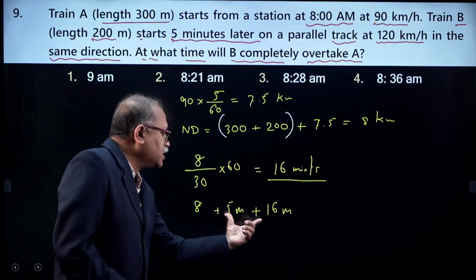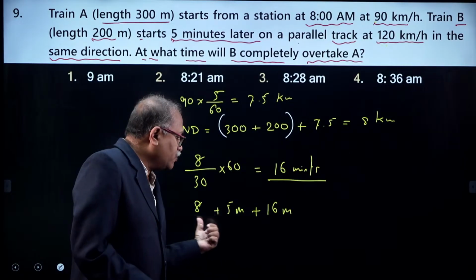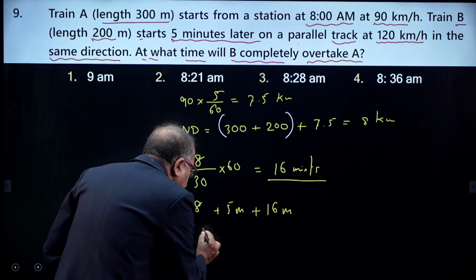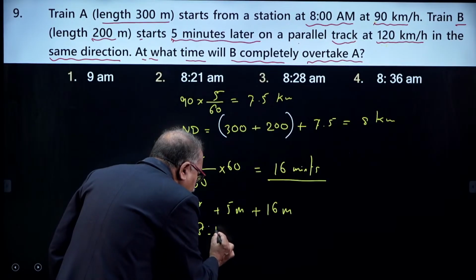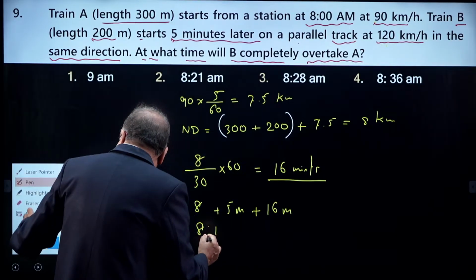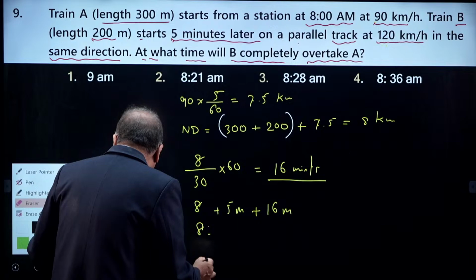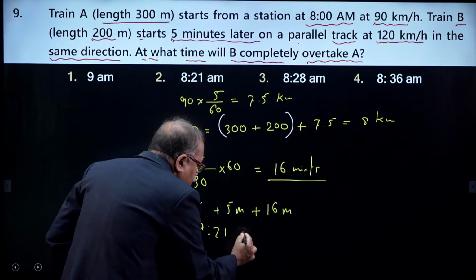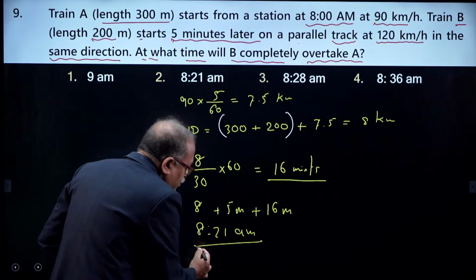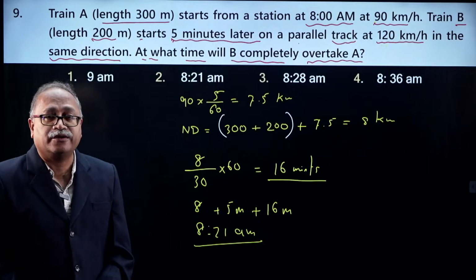So here the total, I understand, is 21 minutes. So 8 plus 21 minutes, that means 8:21 a.m. One will overtake the other.